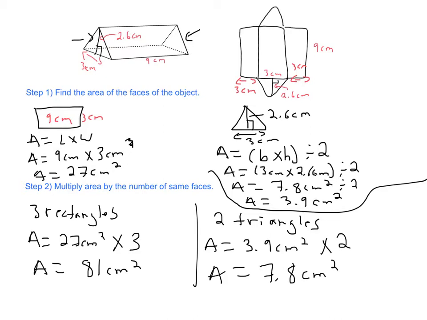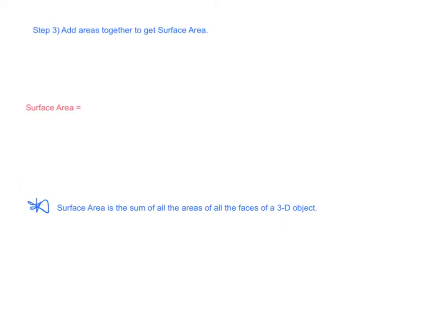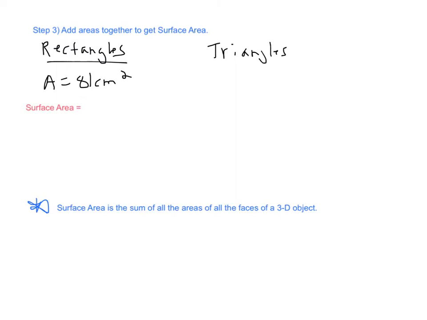Now our final step is that we are going to add the areas together to get our surface area. Well, we knew our area of our rectangles, we had an area of 81 centimeters squared, and our triangles, we had an area of 7.8 centimeters squared.